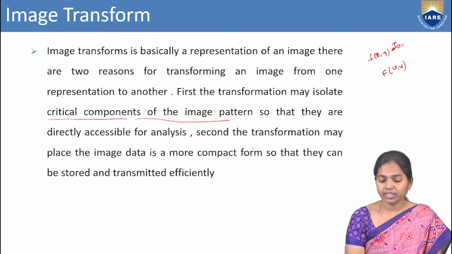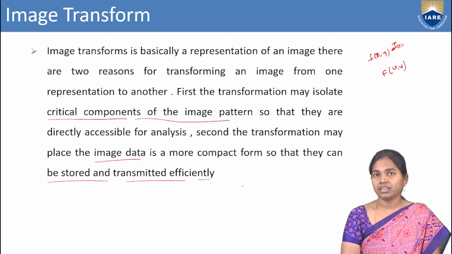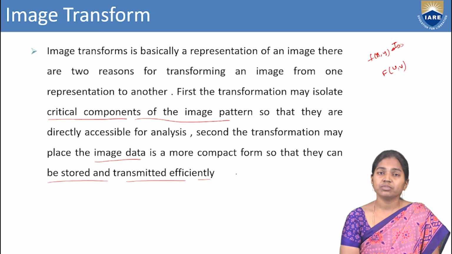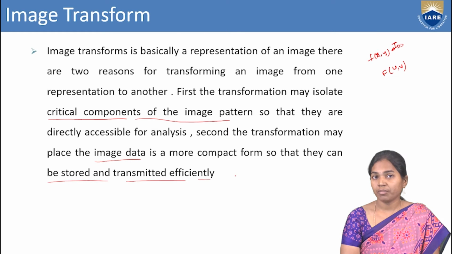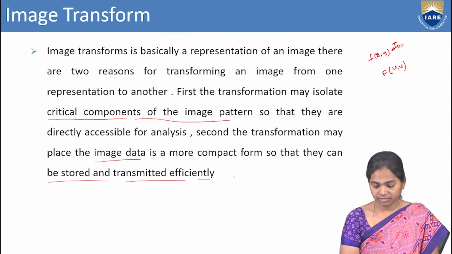And the second one is that the image data is in a more compact form, so that it can be stored and transmitted efficiently. So with the use of transformation, f of x comma y can be converted into f of u comma v. After the transformation we can easily analyze the image and easily transmit the information, and storage is also very easy.